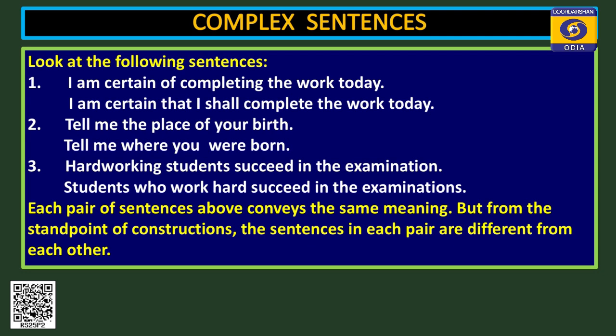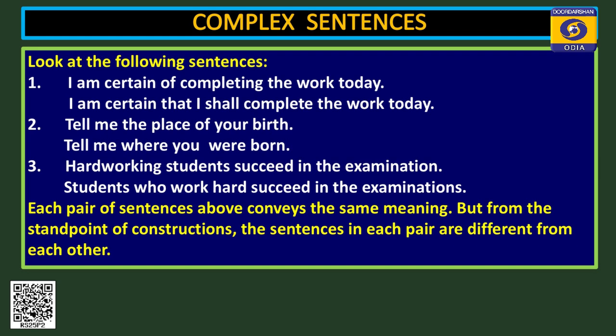So, the second sentence here is a complex sentence because there are two clauses and the clauses are not joined with a conjunction, but with a that, a what, a relative pronoun, right. Tell me the place of your birth, tell me where. The second clause, where you were born, begins with where.